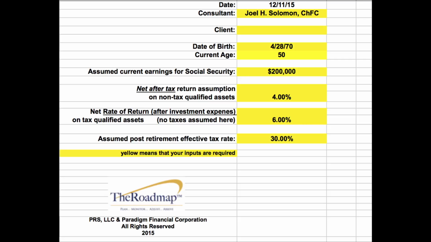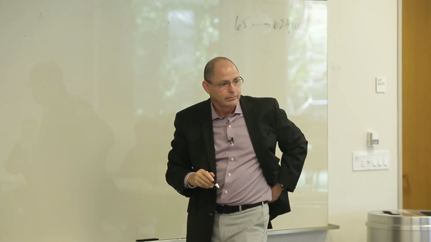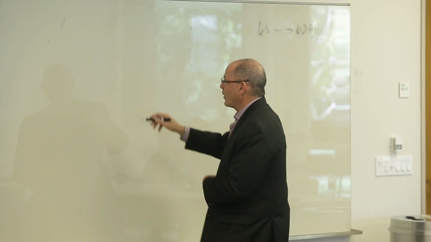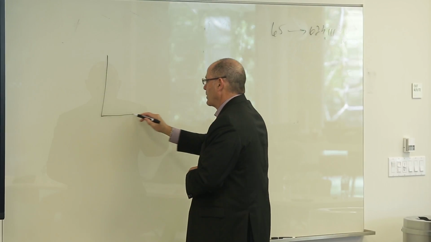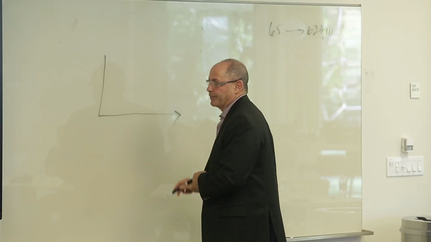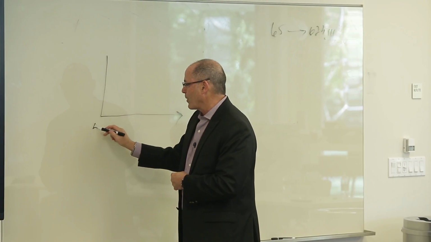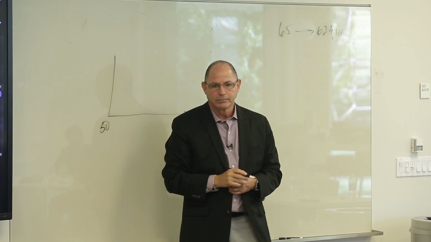Now, the second calculation on that page, we know the pot of money we need at 65, do we not? At 65, we need 623,000. So now we have a new time horizon. I am now age 50.